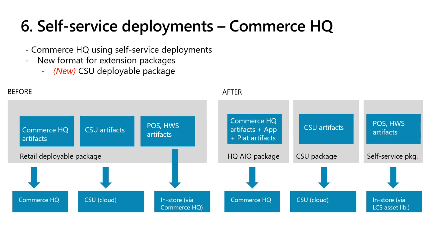And more importantly, when you want to update the self-service packages, or when you want to add a customization to your self-service packages, you no longer are required to deploy an extensibility package to Commerce HQ, and thereby you alleviate the need for additional downtime for Commerce HQ. So this is like a zero downtime way of getting these packages available in Commerce HQ for deployment.